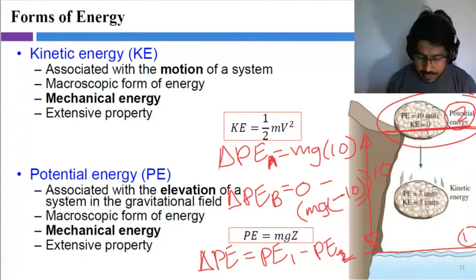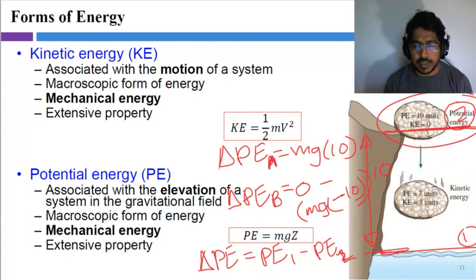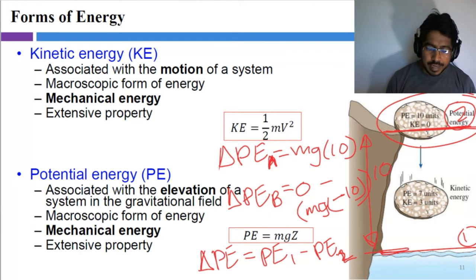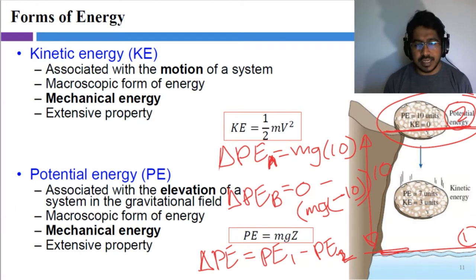Agreed? Because at this point it's going to be minus 10 now, because we considered the top of the cliff to be our zero potential level, right? So you can see in either case the potential energy difference is going to be mg times 10. Do you see that?